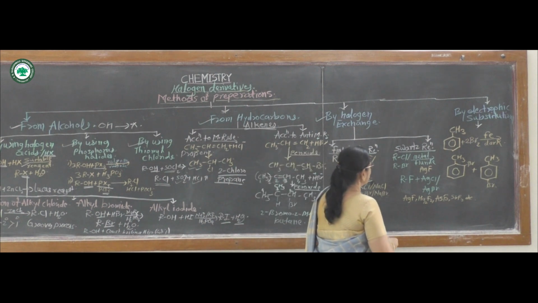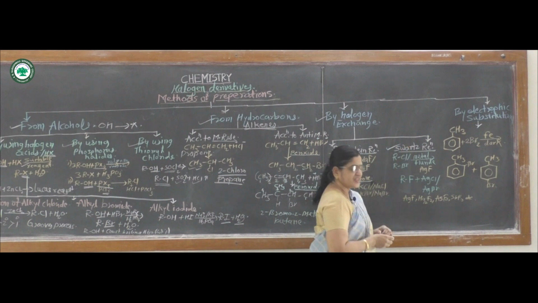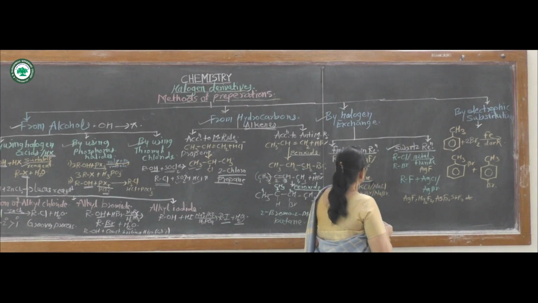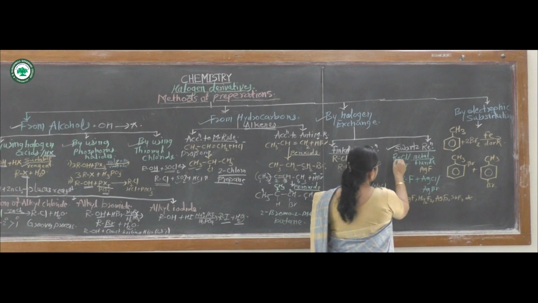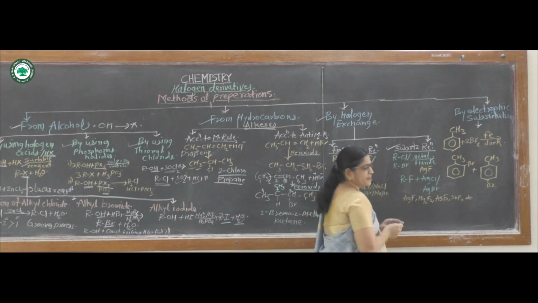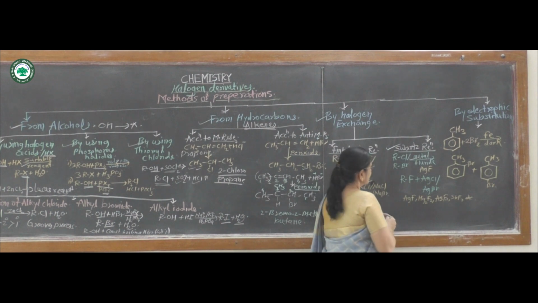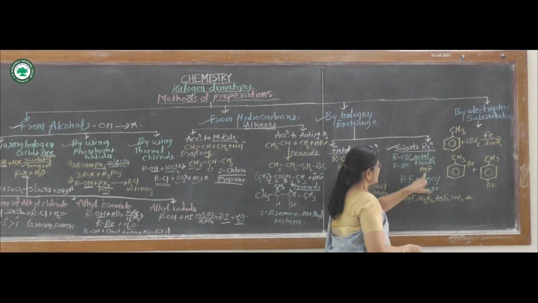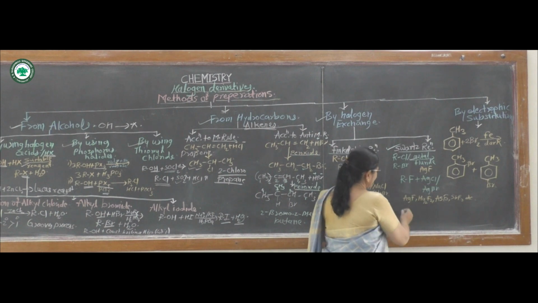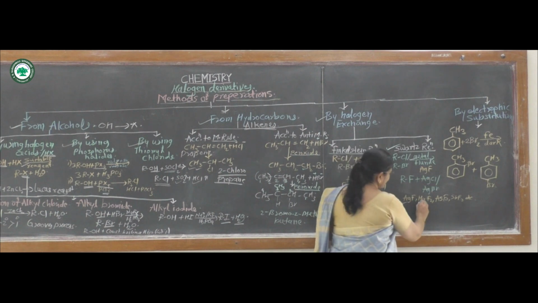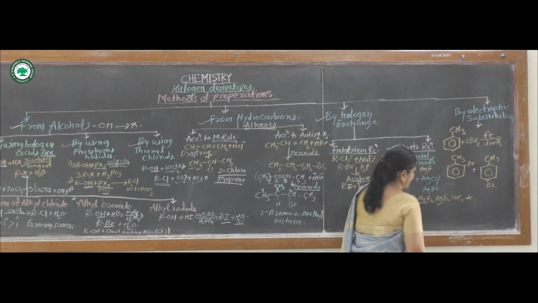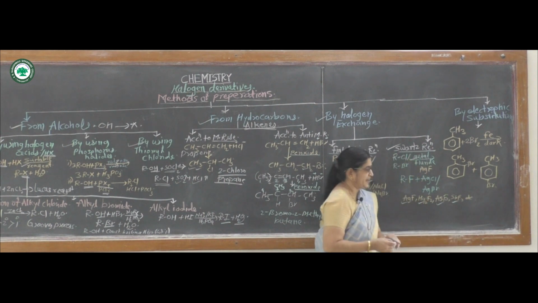Then the second reaction, that is Swarts reaction. In this reaction also, alkyl chloride or alkyl bromide reacts with a metal fluoride, such as silver fluoride, mercury fluoride, AsF3 or SbF3.